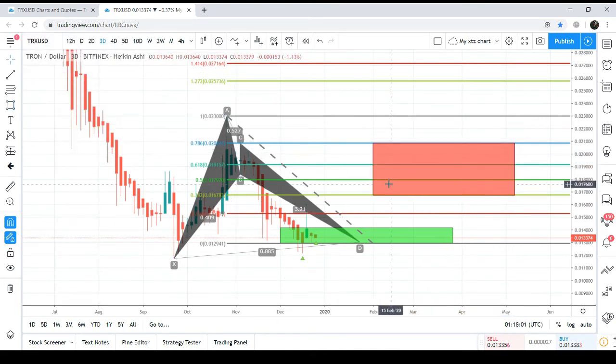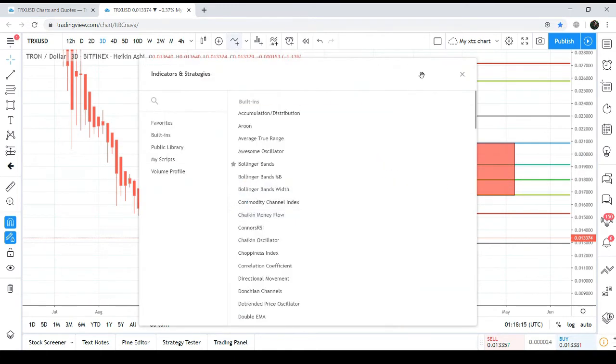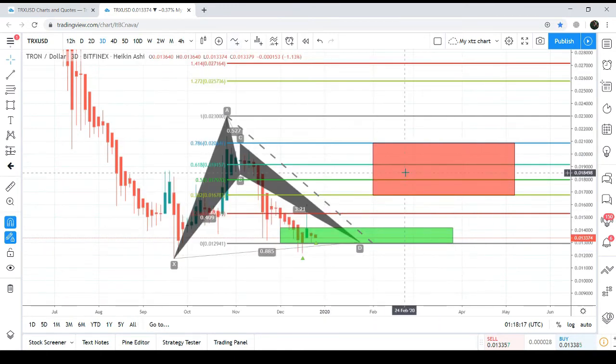It was very close to this Fibonacci projection area, but did not hit that area. So this is due for the price action to hit this sell zone.